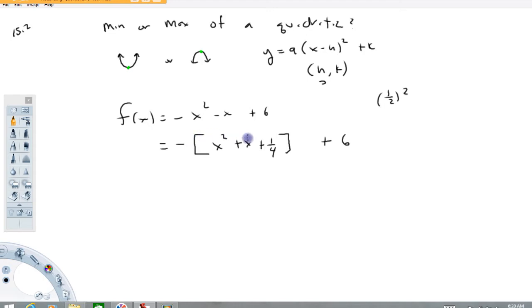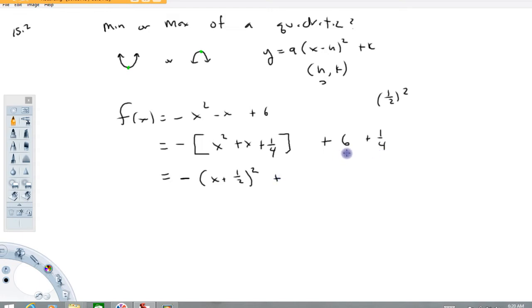Also take note that I didn't really add 1/4 because of this minus sign. What I really added was minus 1/4. So I'm going to move over here and go plus 1/4 so that I have not changed the value of this equation in any way. The minus sign stays. This now, by design, is equal to (x plus 1/2) squared.